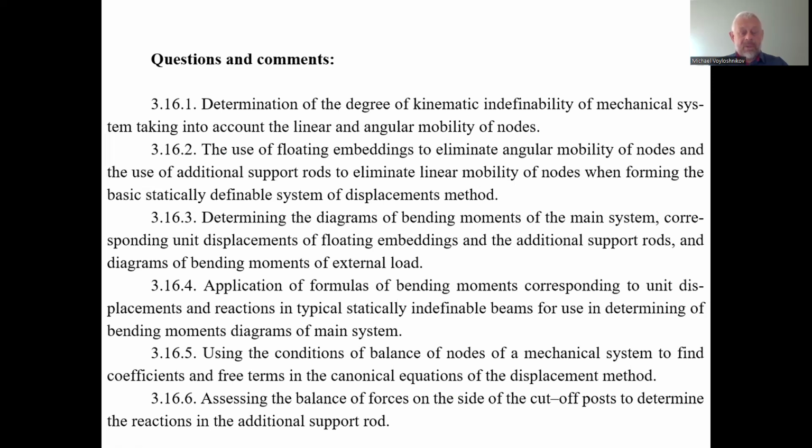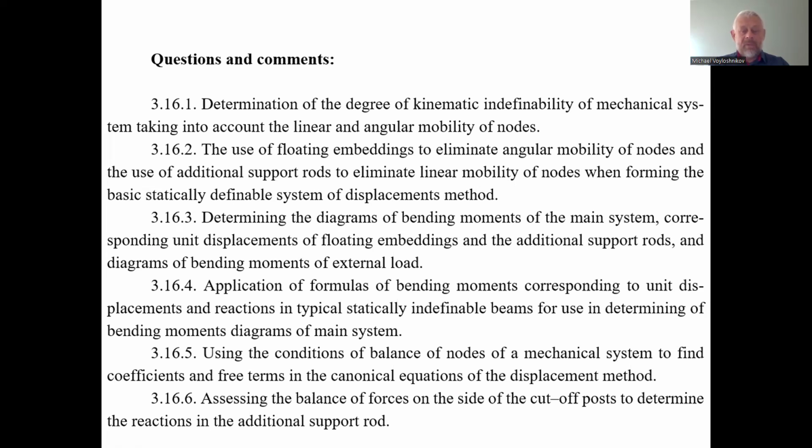First, we can consider the angular mobility of nodes. This corresponds to the number of the rigid nodes of the mechanical system, and the number of the linear kinematic indefinability we can find if we consider the hinged scheme of the assigned mechanical system.